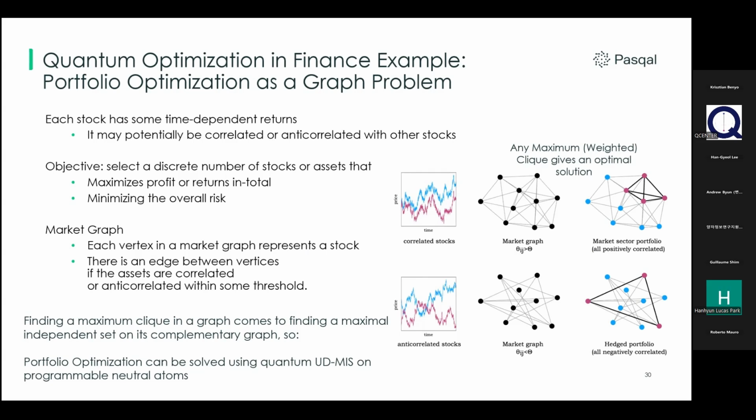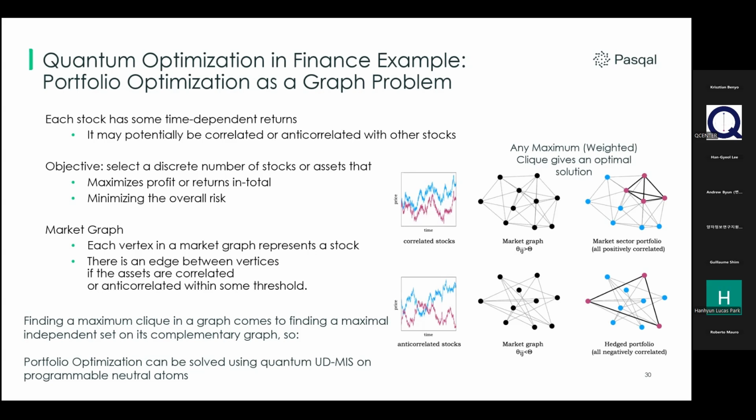So allocating assets to nodes and then drawing edges, drawing connections between nodes whenever there is correlation or anti-correlation between the assets. In this sense, the portfolio optimization problem can be viewed as what we call a maximum clique selection problem.